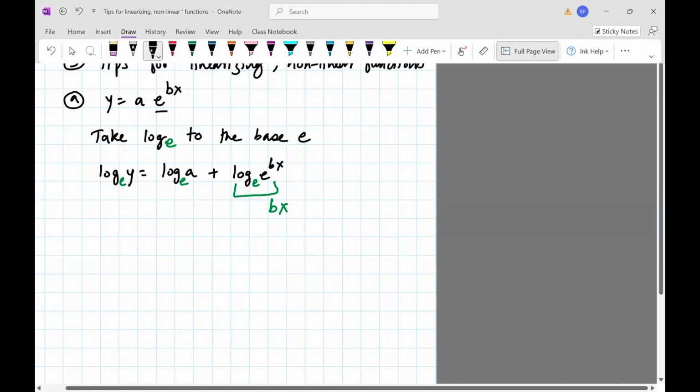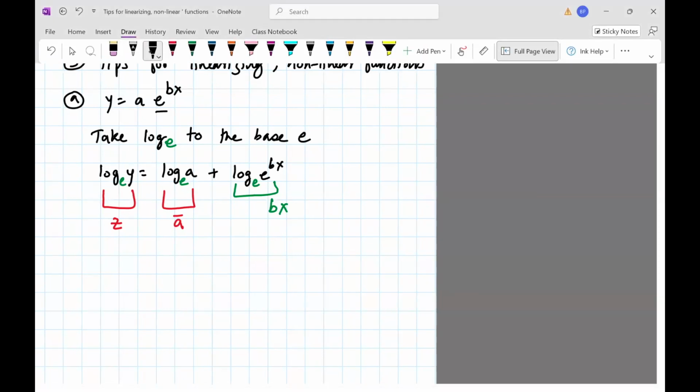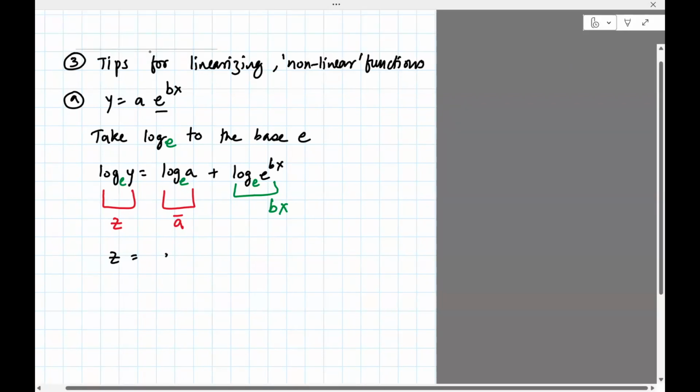Okay, so now let me write this, call this z. Let's call this a bar, just a new name. But now we can write this as z equals a bar plus bx.